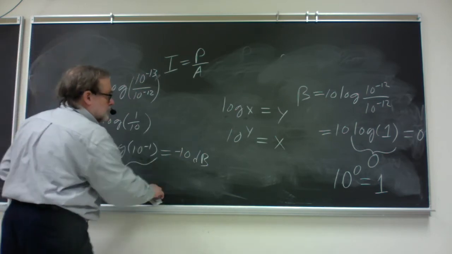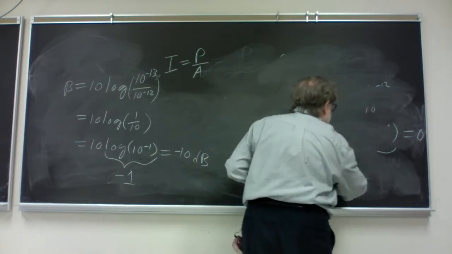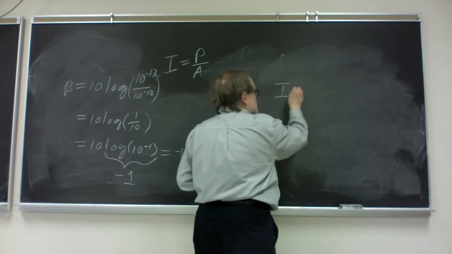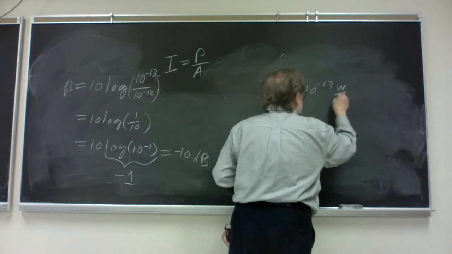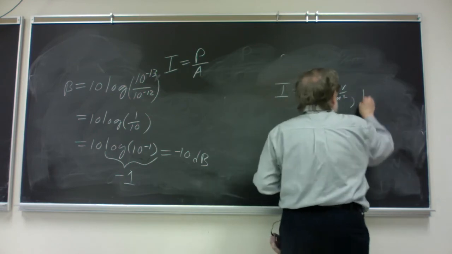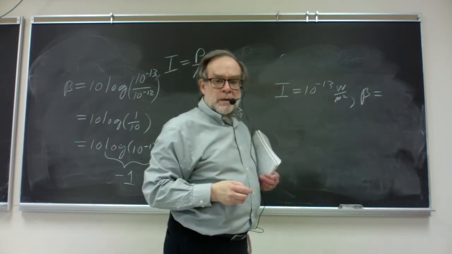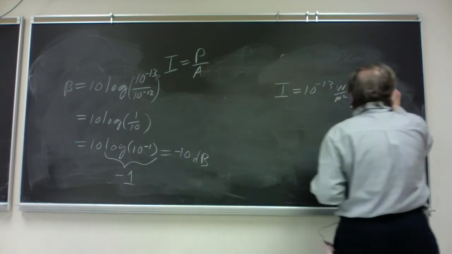So what have we got here so far? When the intensity is 10 to the minus 13th watts per square meter, the number of decibels that corresponds to is negative 10 decibels.